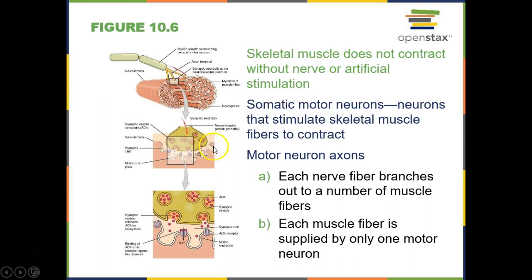So only one muscle fiber is going to have one axon terminal innervating it, but one neuron can innervate multiple fibers. One nerve can stimulate multiple muscle fiber groups, if that makes sense to you. But any given muscle fiber will only have one single neuron stimulating it from the same group.